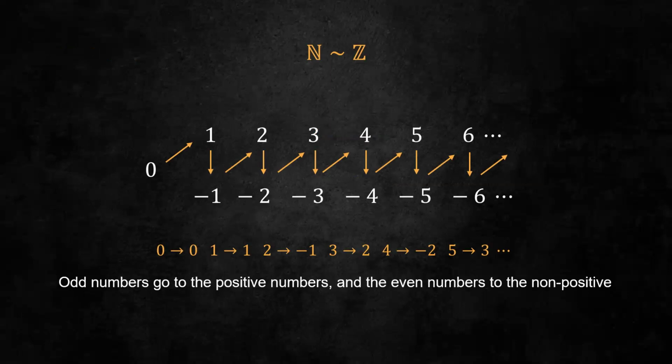We sort of saw that the natural numbers and the integers have the same cardinality already. We can do this like this. For example, 0 goes to 0, then 1 goes to 1, 2 goes to -1, 3 goes to 2, and so on. So the odd numbers are going to the positive, and the even numbers are going to the non-positive.